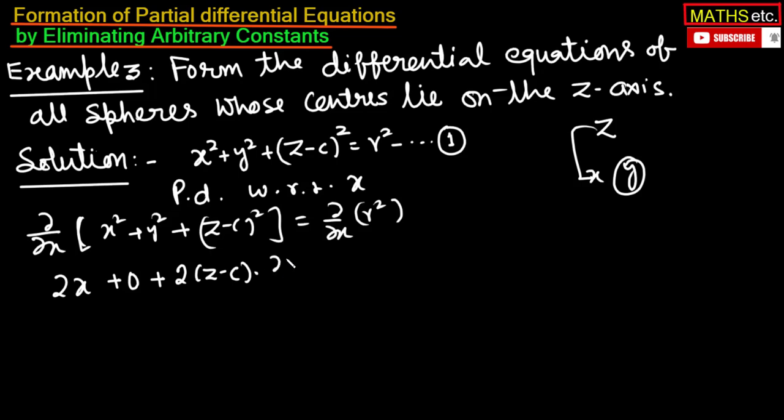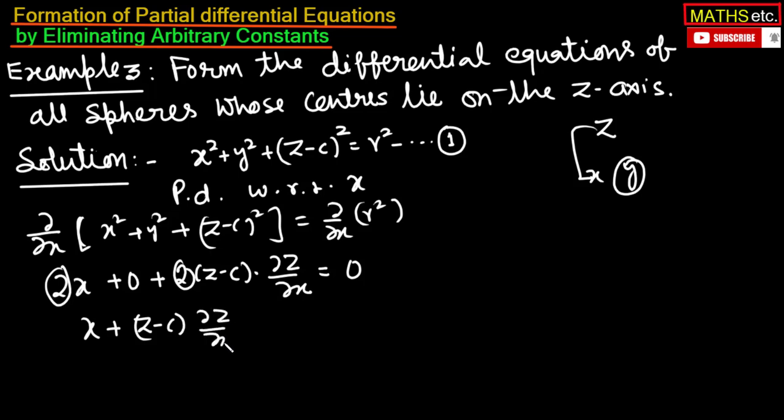So this one is del z over del x, and r is constant, so its partial derivative will be 0. Again, the factor 2 is common throughout this expression, so we divide this equation by 2, and we get x plus (z minus c) del z over del x equal to 0, and this is our equation number 2.